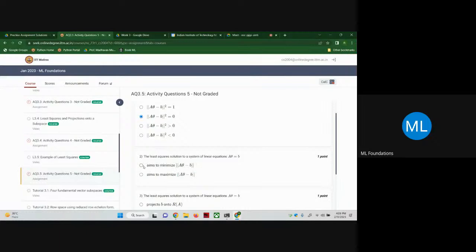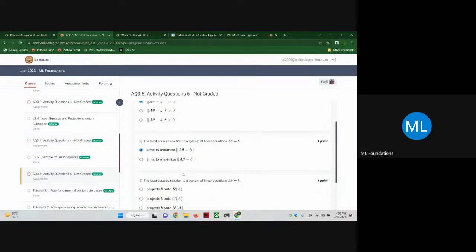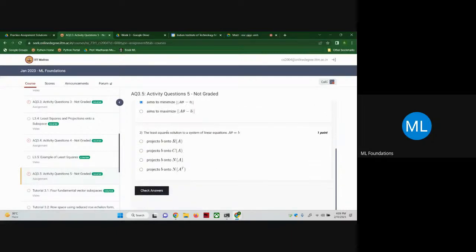We always try to minimize the error. The least square solution projects b onto the row space of A, wrong. Column space of A. Yeah, that's correct.